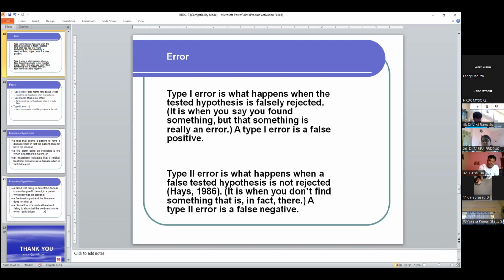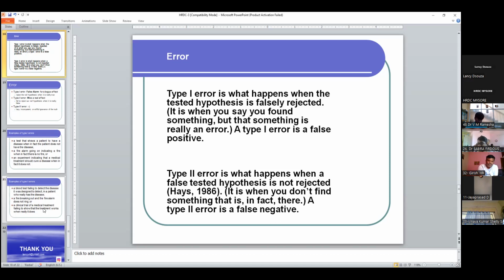A type 1 error is like this analogy: suppose you are on the 10th floor of a big storied building, and suddenly the fire alarm comes from all sides. What is your next job? You try to vacate the place and evacuate others so that you can escape from the fire.